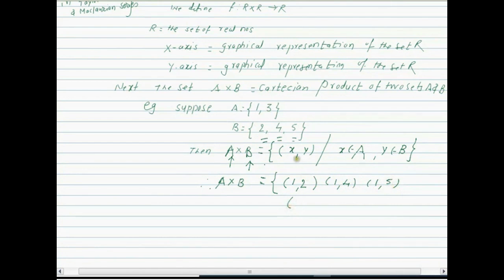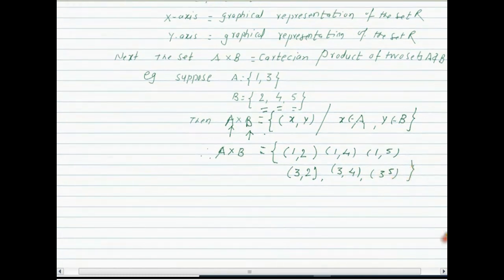Similarly, let us take the first element as 3, and the second element from the second set B. So 3 can be paired with 2, 3 can be paired with 4, 3 can be paired with 5. So these are the elements of the Cartesian product A cross B.